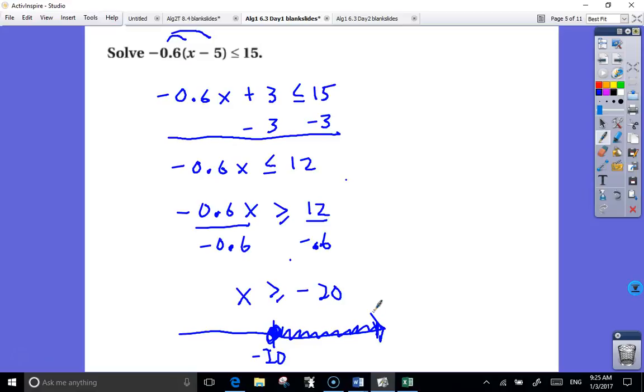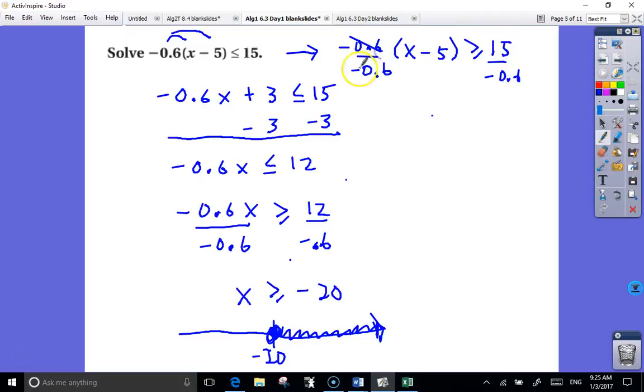Now, listen up. On this problem, you don't have to use distributive property first. In fact, in some ways, it might have been easier if you just divide both sides by negative 0.6 first. Since that negative 0.6 was multiplying that whole side, you could have just divided at this step. I could have said negative 0.6 divided by negative 0.6 times x minus 5 is greater than or equal to 15 over negative 0.6.